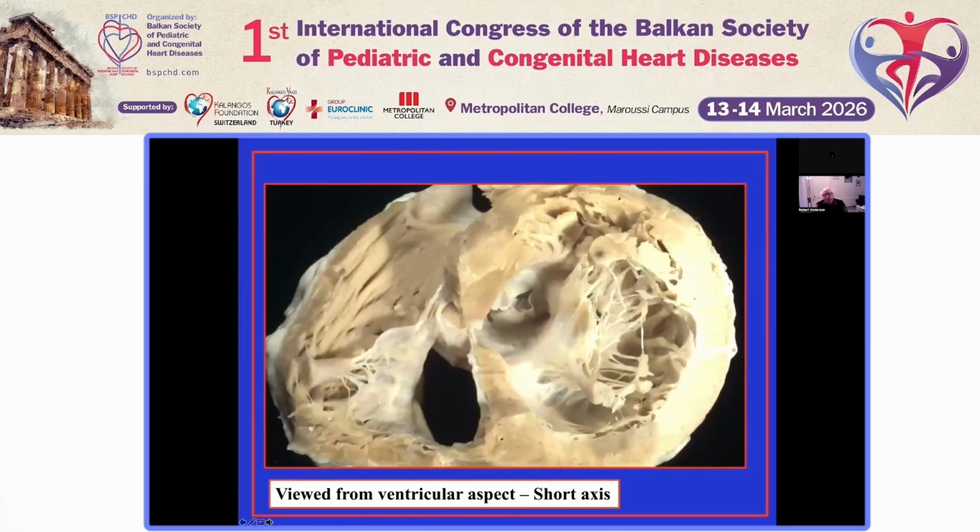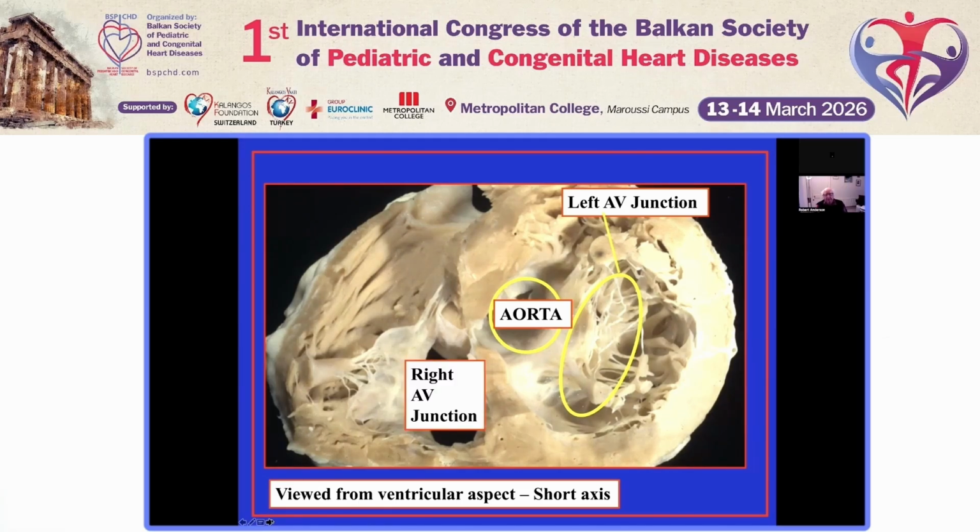We can see the true arrangement much better if I show you a view of the base of the ventricular mass as viewed from the apex. So this parallels the short axis arrangement as you would see it in the left anterior angiographic projection. And so you'll recognize the left atrioventricular junction. And as we've already commented, that is adjacent to the aortic root.